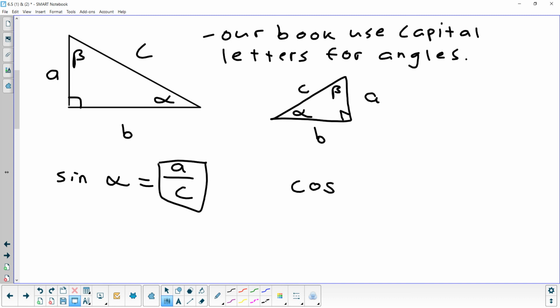Yep. Beta. Okay, so we did two things. We put the word co in front of the trig function, and that gave me cosine, and I'm using the complement of the angle I started with. And now, let's find that. What's the cosine of beta?